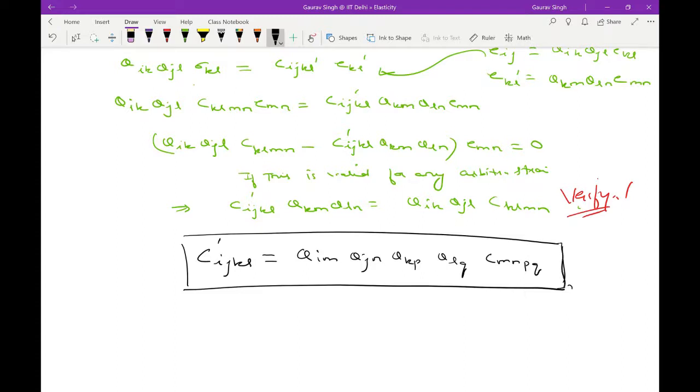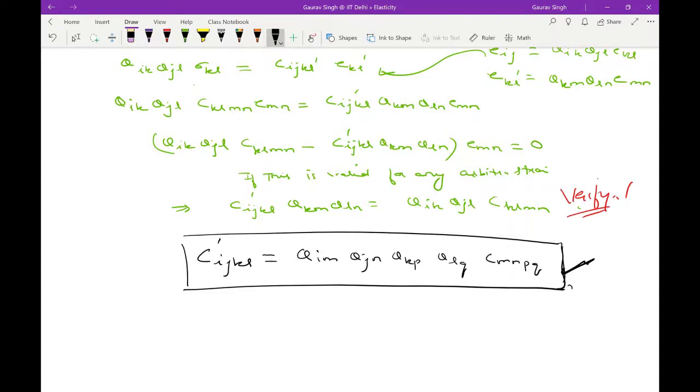Though we have tried to do as the authors wanted us to do, you can also use the transformation law, because Cijkl is a tensor, it must follow this transformation law under any transformation. So if you know what the transformation law is, you can just use that over here and find the transformed elasticity tensor.